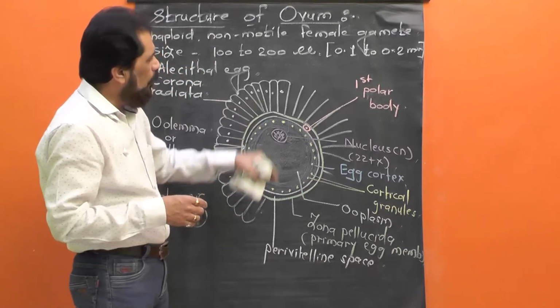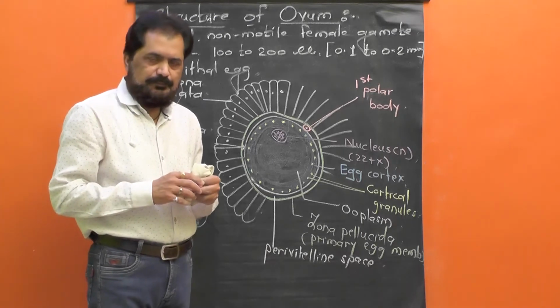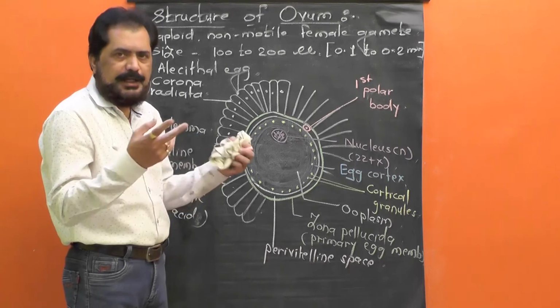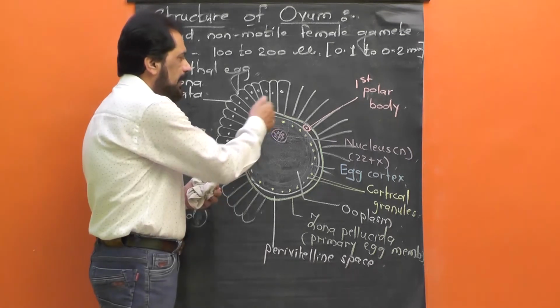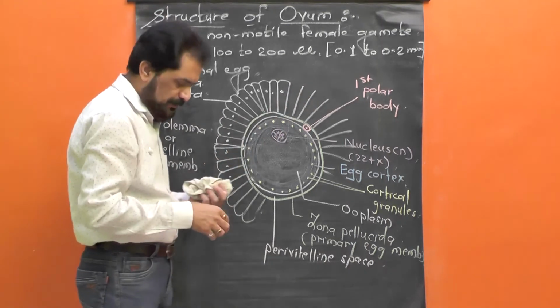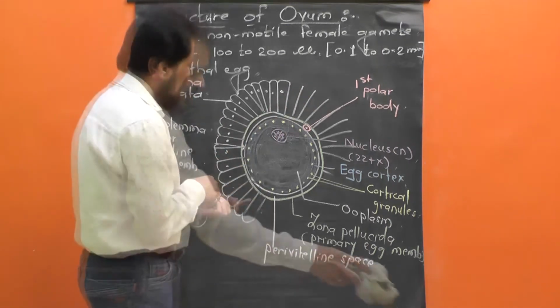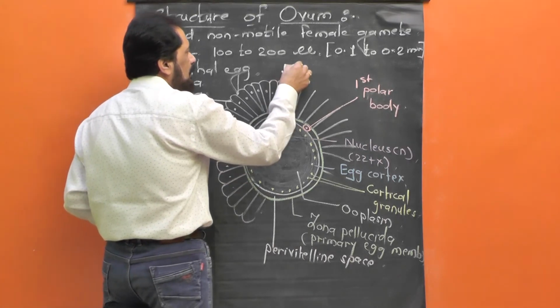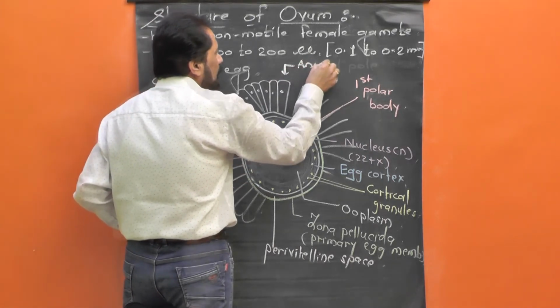Now this ovum shows polarity. It shows polarity, meaning it has two poles, two ends. The pole or end towards which the nucleus and first polar body are present is called the animal pole.